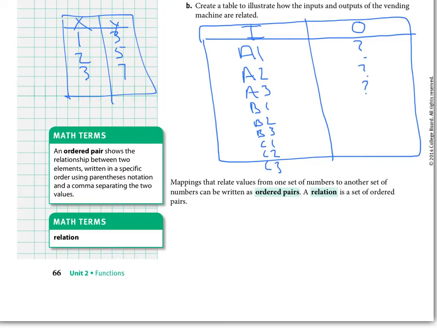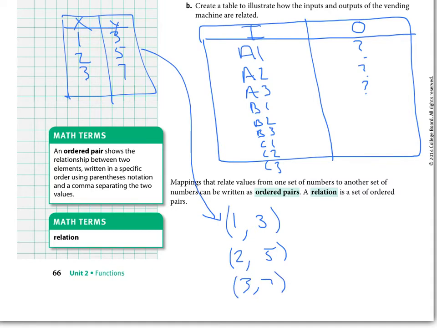So we would write, I'm going to just write combinations down here, but 1, 3 in parentheses, that's called an ordered pair. Okay, and then we can write the other one, and that's 2, 5, and 3, 7.